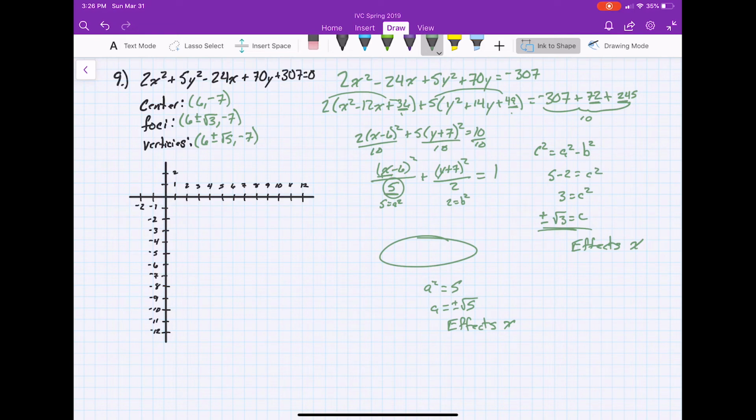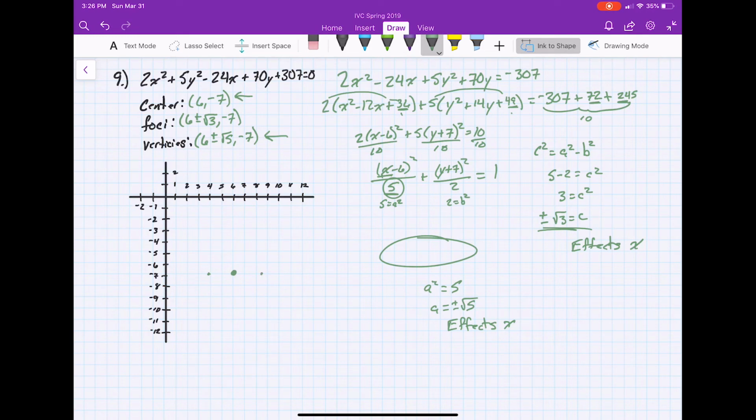Now we can draw our 6, negative 7. It's right there. And let's plot this. It's going to be 6, a little more than 8, ballparking, and it'll be a little less than 4 on this side. So there's our vertices.